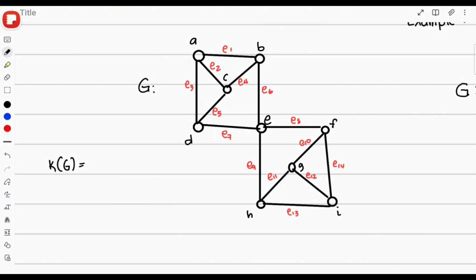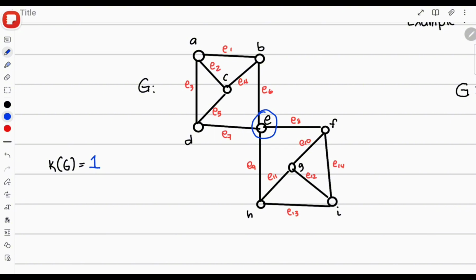In this example, it is very clear that we can use vertex E to disconnect the graph, which means we need only one vertex, because if we remove B, it will not directly disconnect the graph, and neither will any other vertices here. So the value of kappa of G is 1.